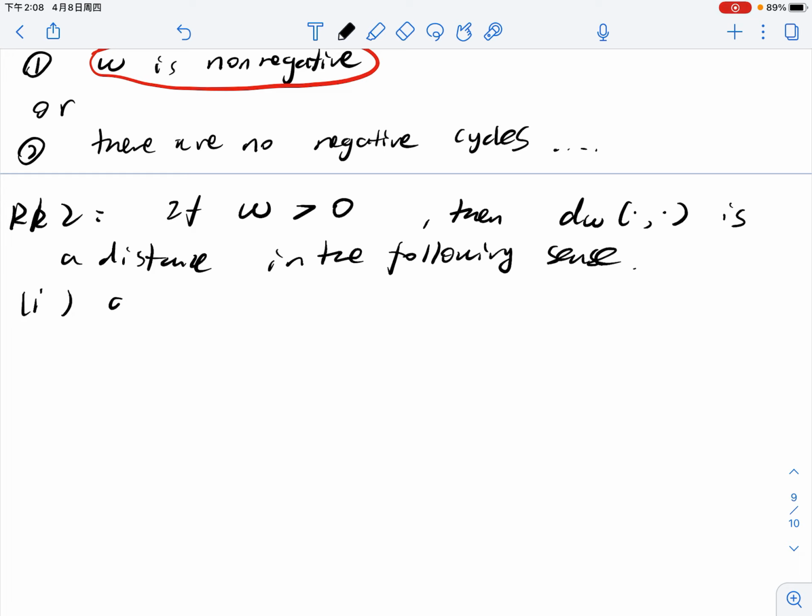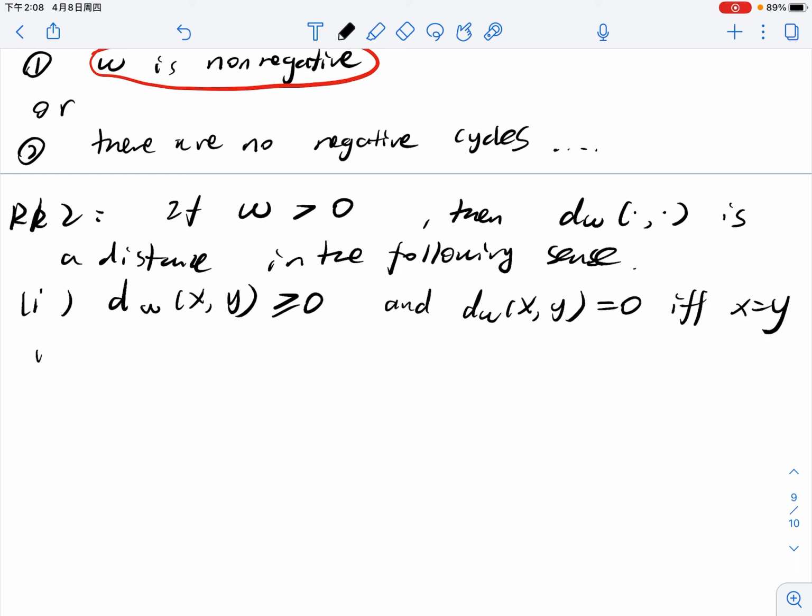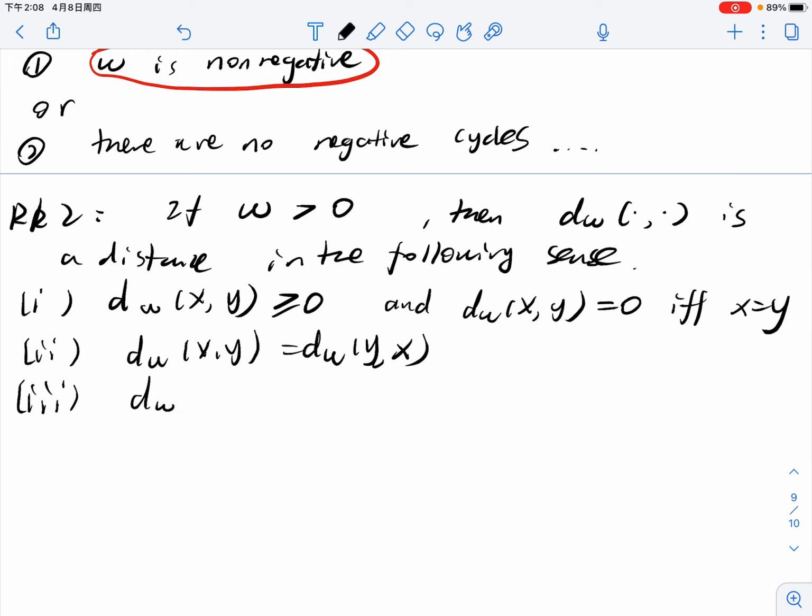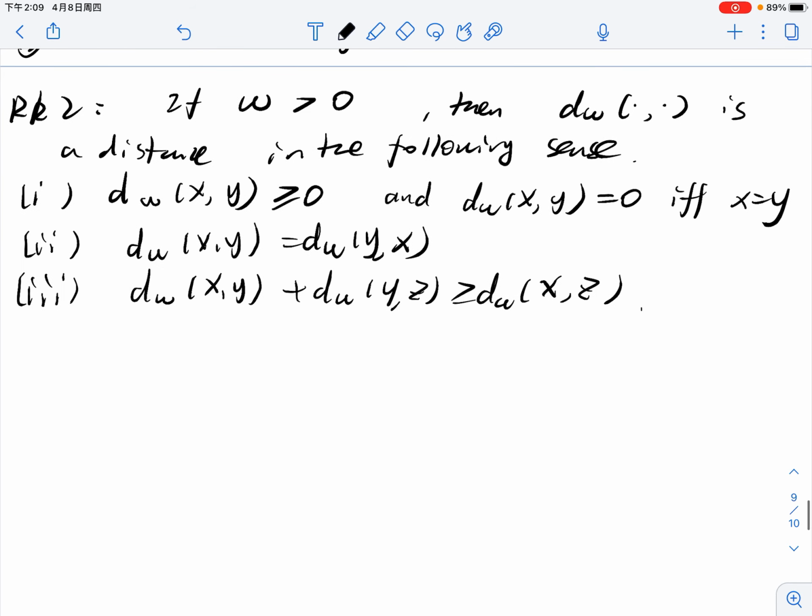This definition of distance is the one used in any metric space. So first, d omega is non-negative, and it is 0 if and only if x equals y. Secondly, it's symmetric. And thirdly, we have the triangle inequality. This is quite useful when we study metric spaces.